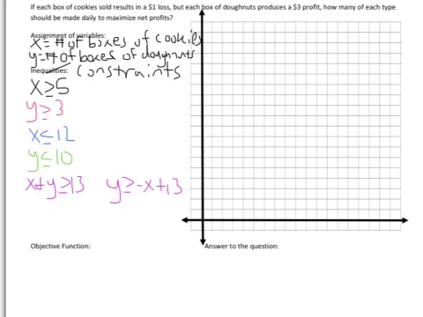It says we have a $1 loss and we have $3 profit. The $1 loss is for your box of cookies, and then boxes of donuts produce a profit.